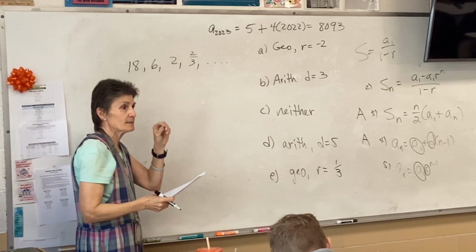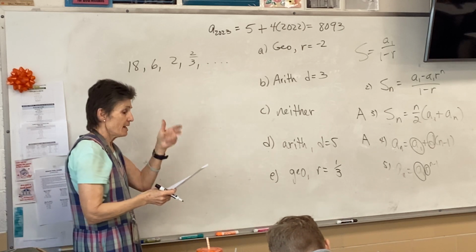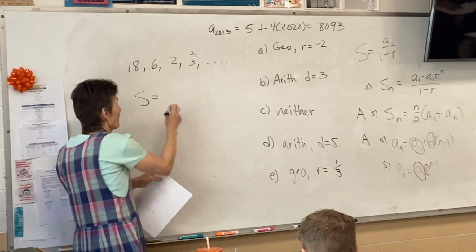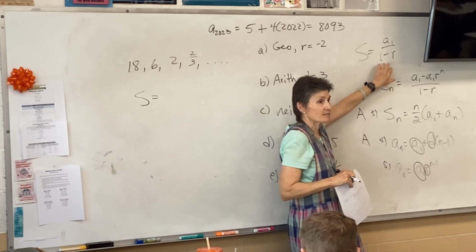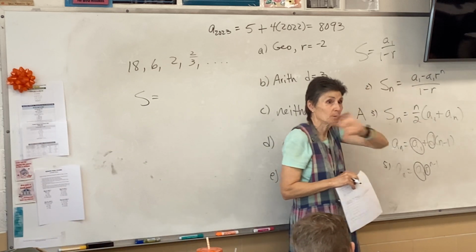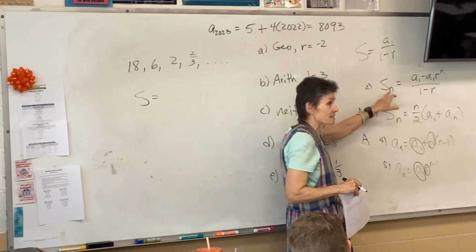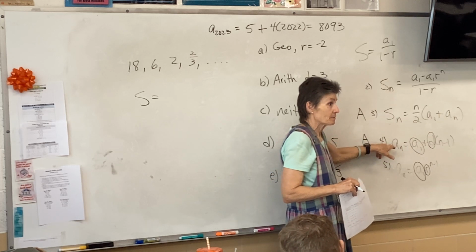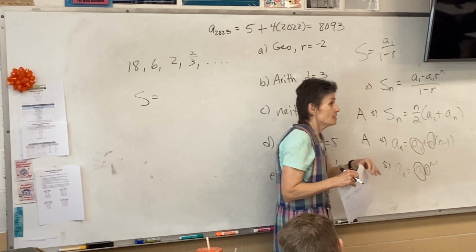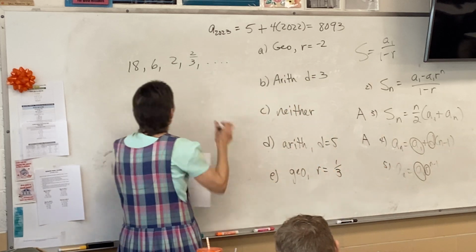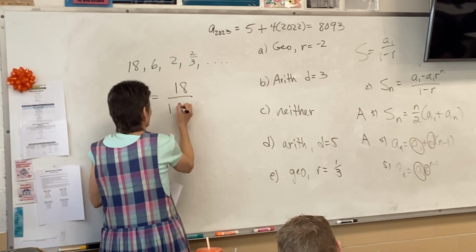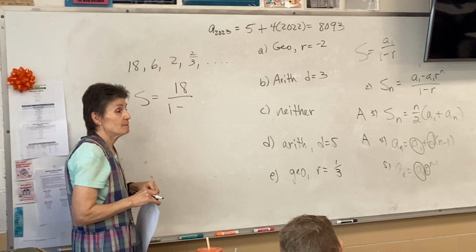Geometric, and it has a dot, dot, dot, and it even says in the problem, find S. This is the only formula where you find plain S. The other ones are S sub something. So what do I need? I need my first term, and I need my ratio.